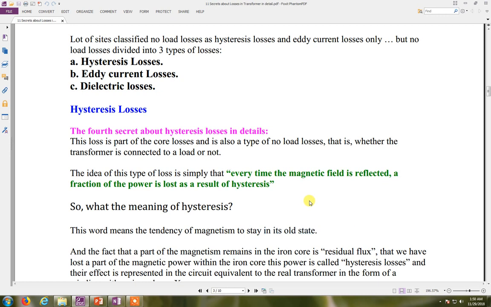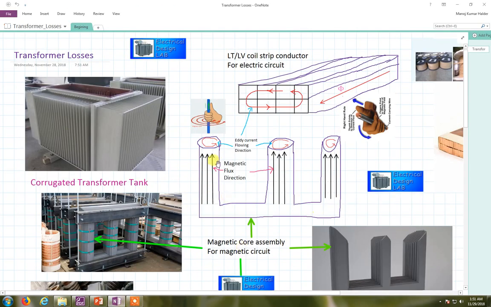So hysteresis: we know that the transformer takes alternating current. That means in one complete cycle it flows in two directions. For the first half cycle it flows in one direction, and for the second half cycle in the other direction. So what will happen when current flows in this direction? Look at this direction, the magnetic flux direction. Because current is flowing in the coil, the flux direction will be this direction, and this flux is cut by the core.